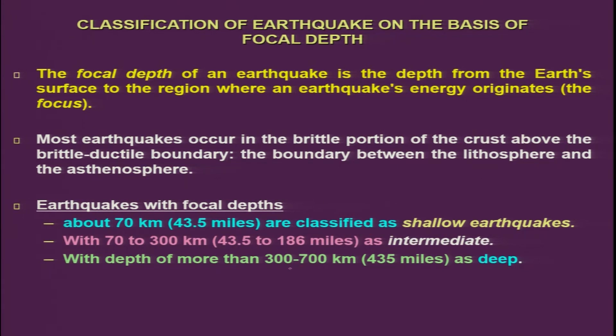You can refer to the figure which was shown for the Wadati-Benioff zone, which explains that the whole subducting plate will host earthquakes, and depending on the depth you can classify those earthquakes as deep, intermediate or shallow.